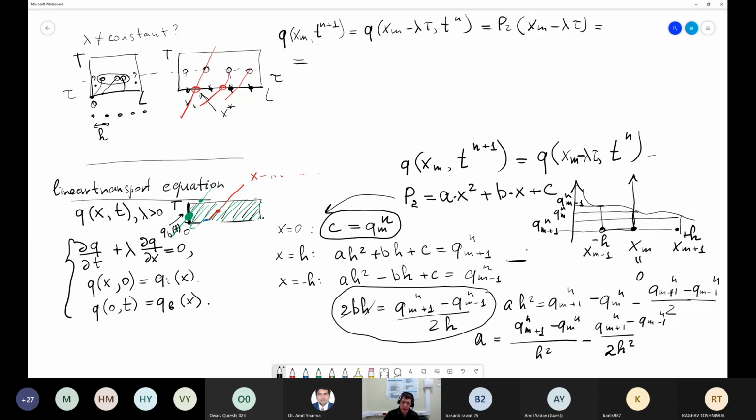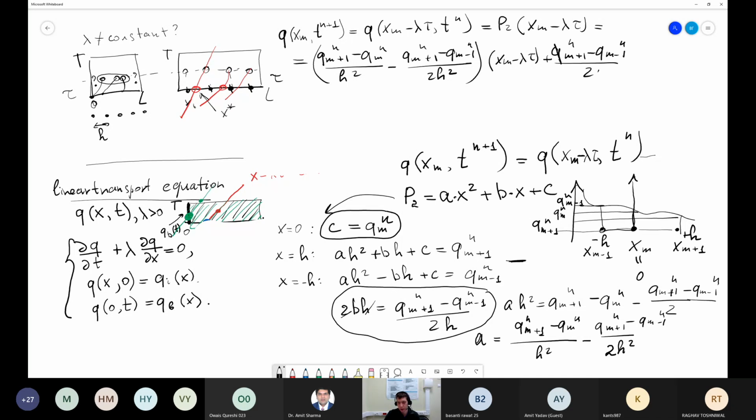It is equal to coefficient a, q m plus 1 n minus q m n divided by h squared minus q m plus 1 n minus q m minus 1 n divided by 2 h squared, multiplied by x squared, where x is xm minus lambda tau, plus b multiplied by x, where b is equal to q m plus 1 n minus q m minus 1 n divided by 2h, and plus c, q m n.